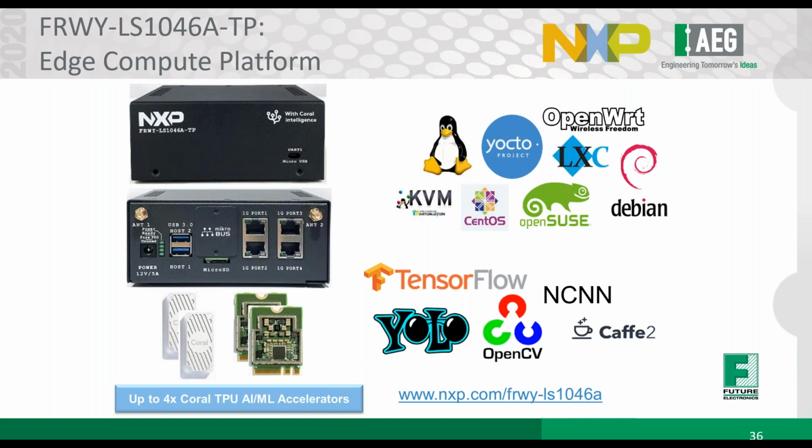So all of these are running on there, and this also comes with and without AI machine learning accelerators. The -TP version that I'm showing here ships with a Coral TPU that's inside the box as well.